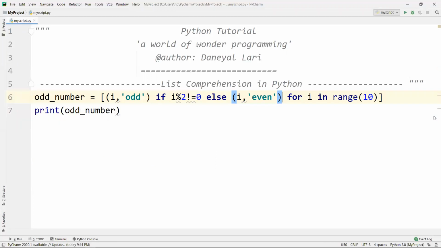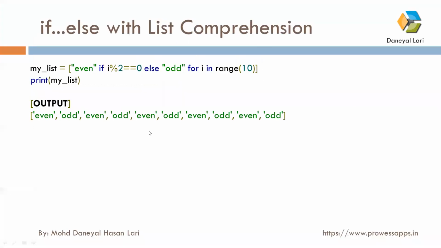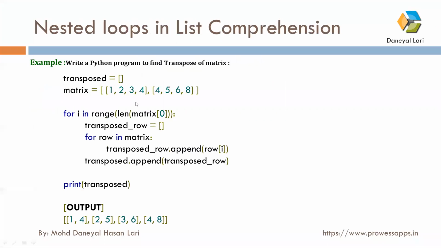So the expression you can write anything as per your requirement, but the condition must be written in the form decided by Python's developers. If you have if else, then it will be before your for loop. If you have only an if condition by which you want to generate your expression, then it will be after the for loop. Okay, so now I hope this statement is also clear.